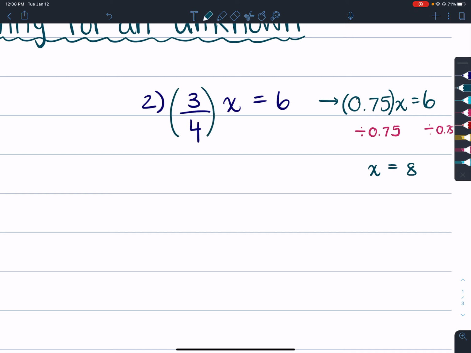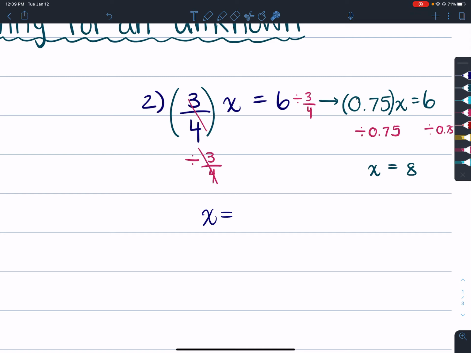So if I divide this whole side by 3/4 and I divide 6 by 3/4, I'll also get x by itself. These will cancel out. I get x by itself, and on this side, 6 divided by 3/4. You could punch that directly into your calculator. You could also do it manually.